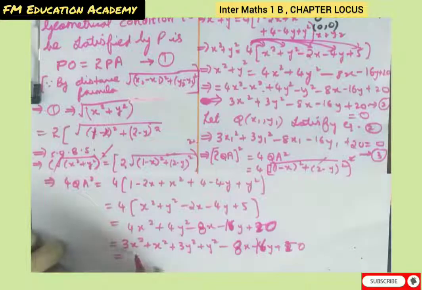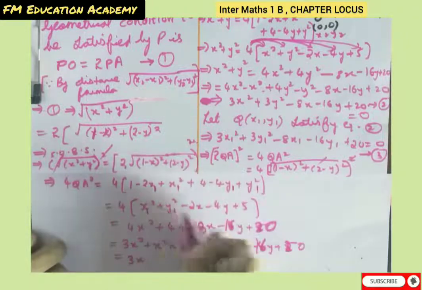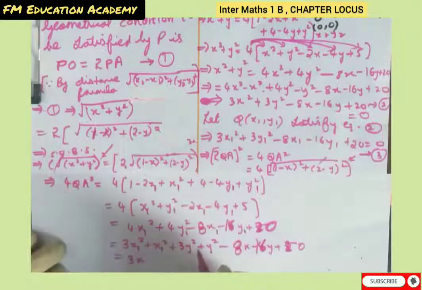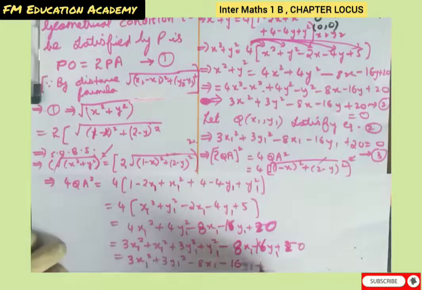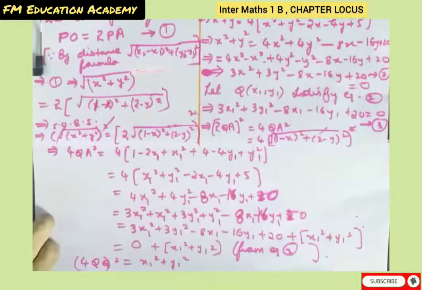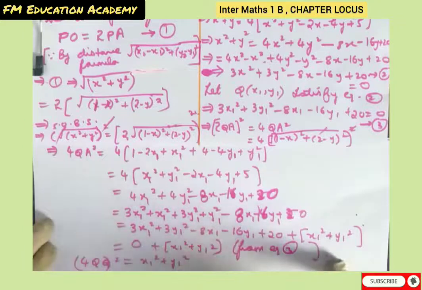So here we write 3x1 square plus 3y1 square minus 8x1 minus 16y1 plus 20, plus x1 square plus y1 square, since these are Q. This whole is nothing but 0, plus x1 square plus y1 square from equation 3.